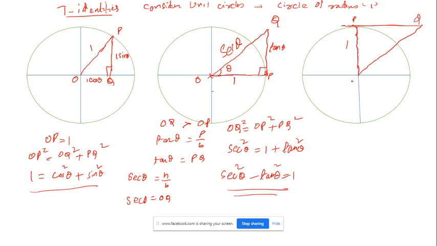Right. Now here also the same story, OQ is greater than OP. We know this is your hypotenuse. Always we take the angle with respect to the x-axis. This is theta, but here the triangle is there, so I have to make the angle here 90 minus theta. Out of 90 we are taking out theta.